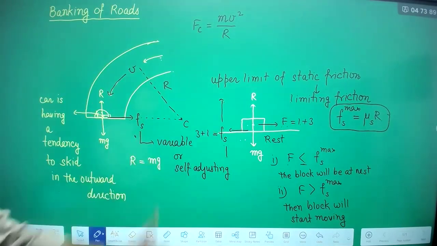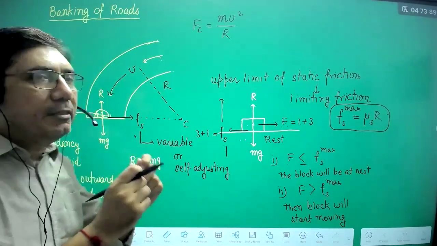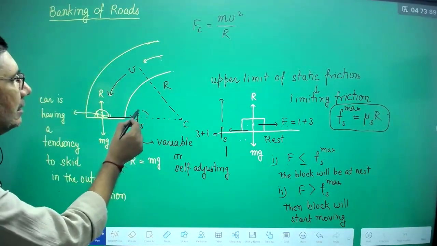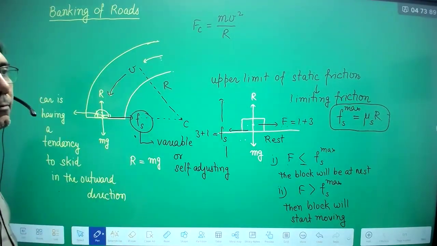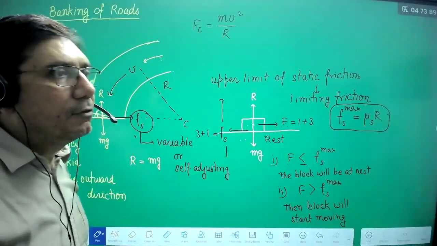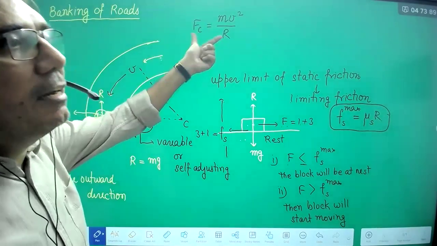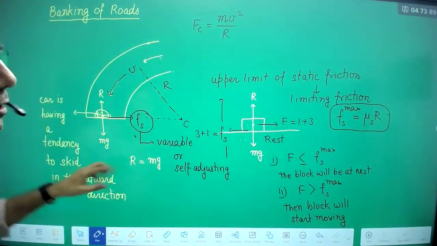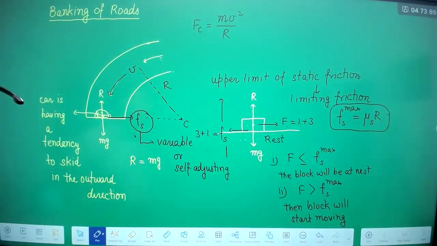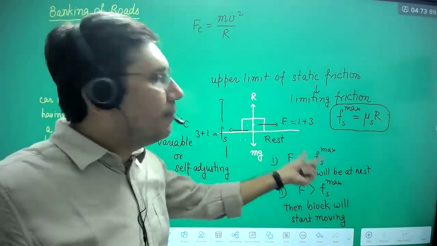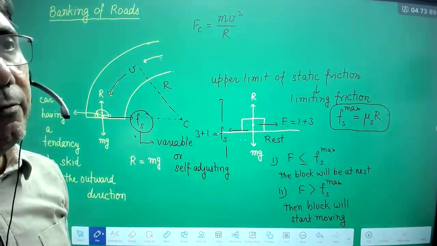So who is going to provide this? Who will become the source of this centripetal force? This static friction force. So the centripetal force required for this circular motion will be provided by the static friction force. But the problem is this static friction force has a maximum value.